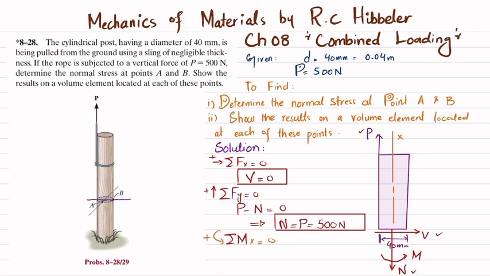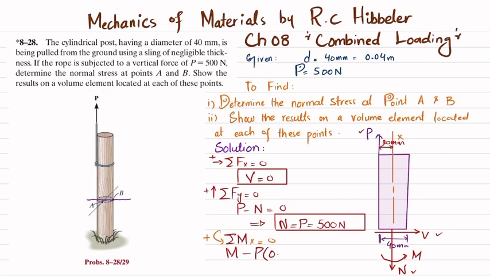So you can see that the moment about X is this reaction moment which is counterclockwise, so it will be plus M. The second moment is this force into the perpendicular distance, and this distance is the radius, which is 40 divided by 2 is 20 millimeter. This is producing a clockwise moment, so minus P into 20 millimeter.